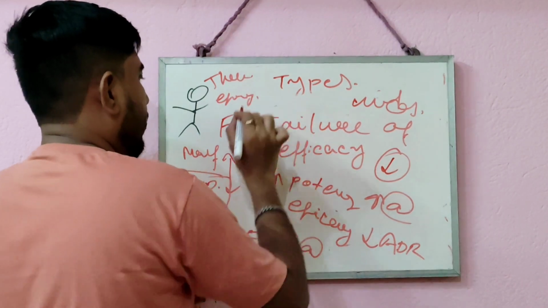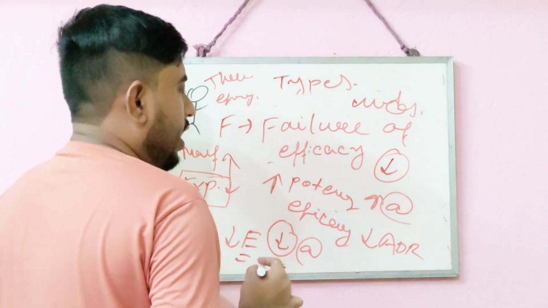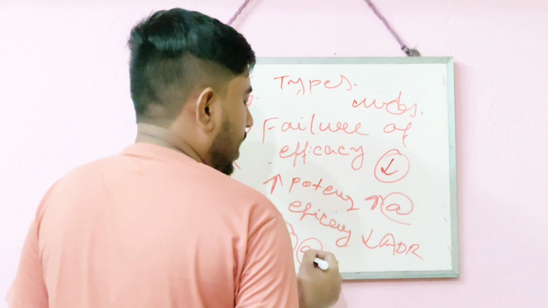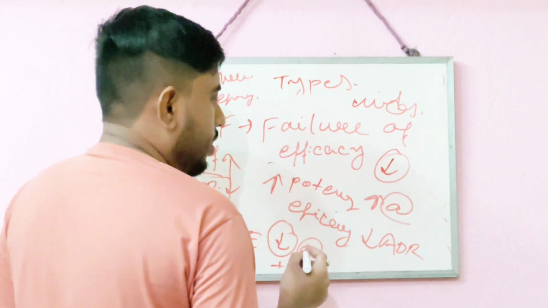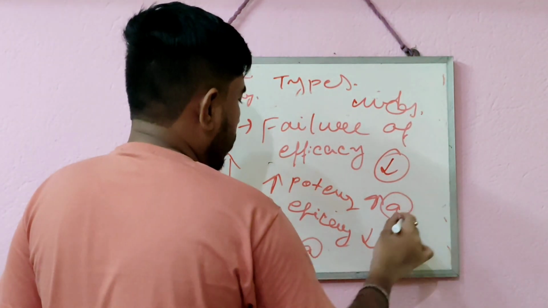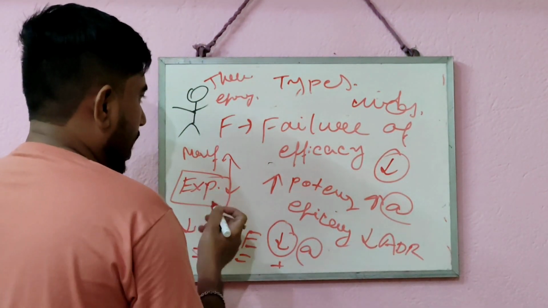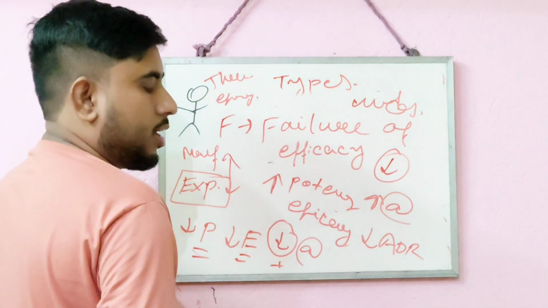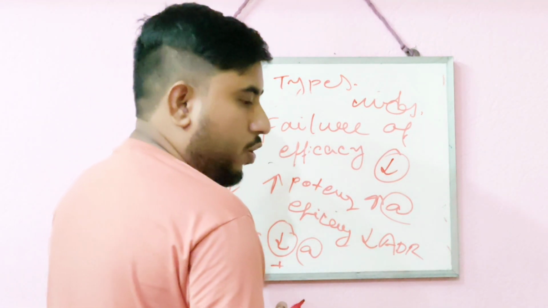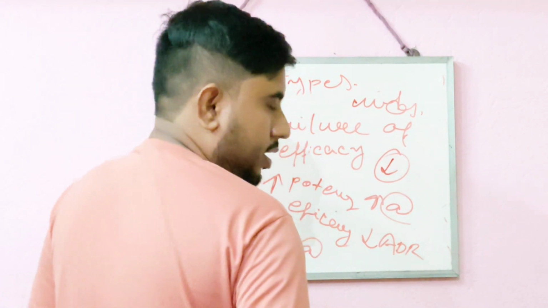Due to that lack of efficacy, it shows negative, undesirable, toxic reactions that can lead to adverse drug reaction. That type of adverse drug reaction is called failure or F type of adverse drug reaction.